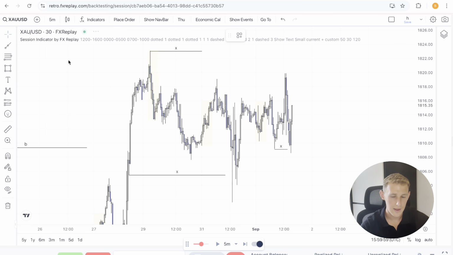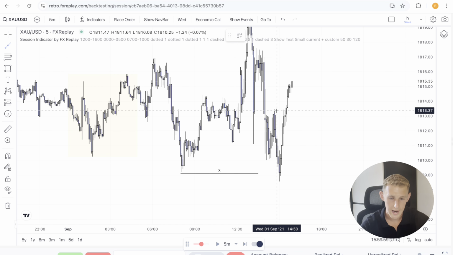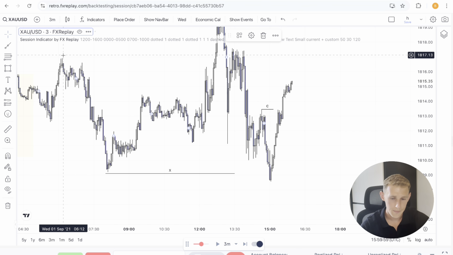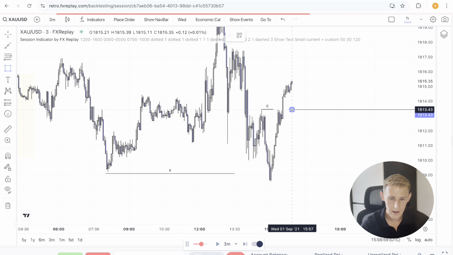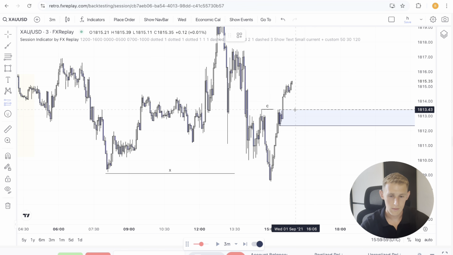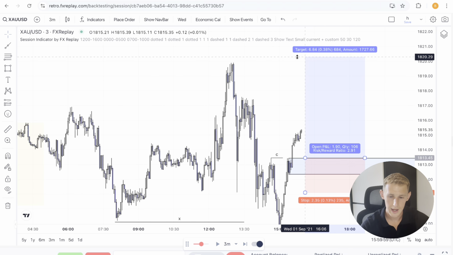Yeah, so let's have a look here. This is a valid area. You can see we've had a change of character there as well. Is there an area to enter from? We have this area, which is the demand. So it stops just below, 1 to 3 target again.